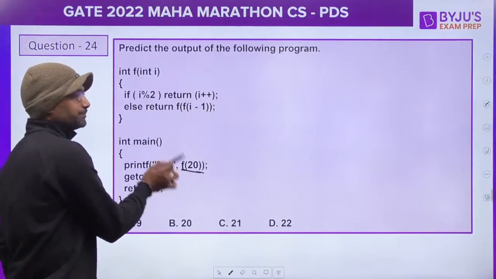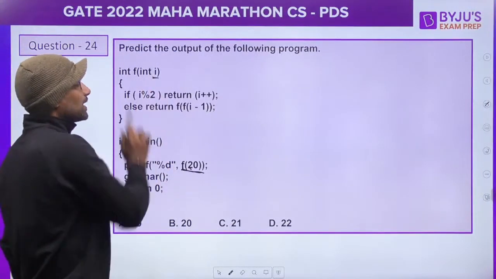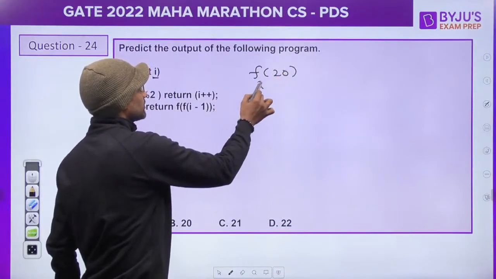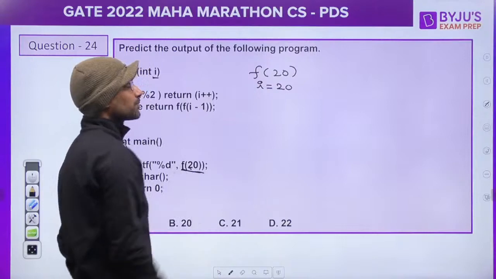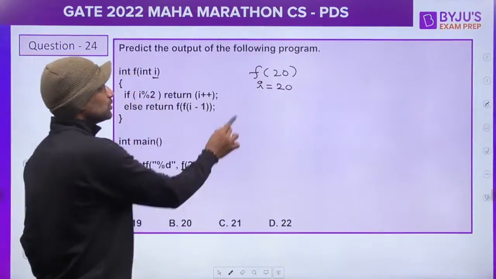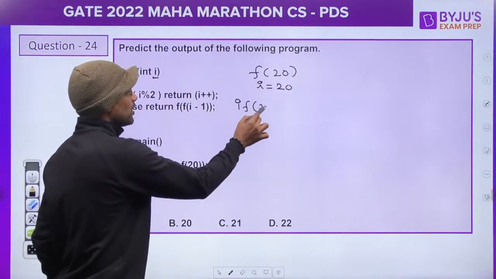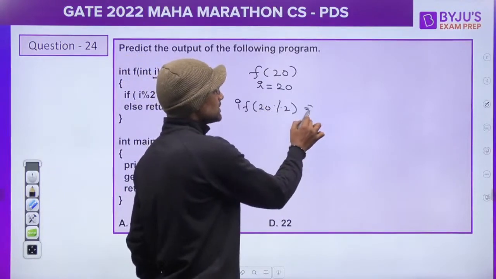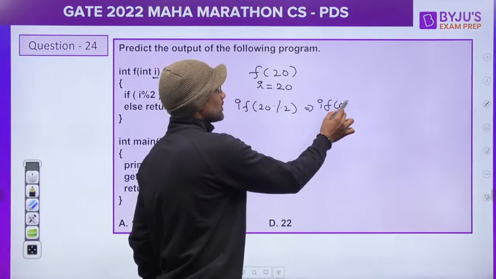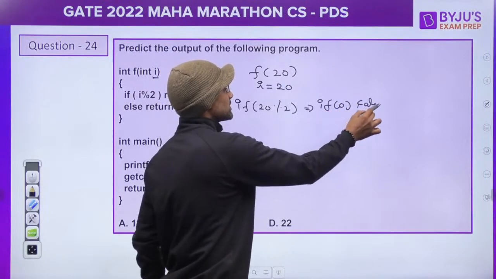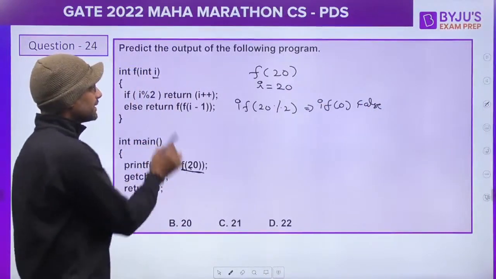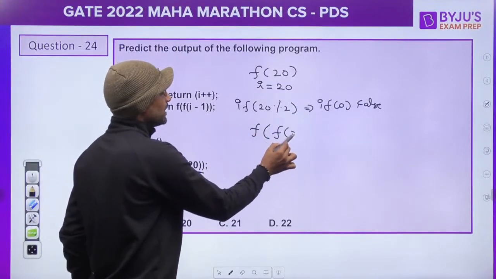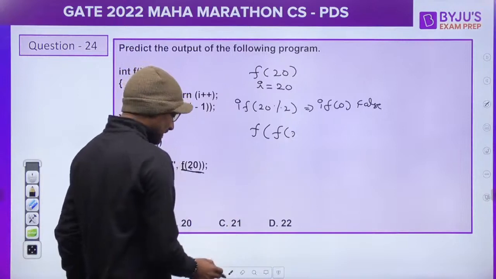F of 20. So I is 20. If I mod 2, if 20 mod 2, 20 mod 2 is what? 0. That means the if is false. So what will you get? Return f of 20 minus 1, that is 19.